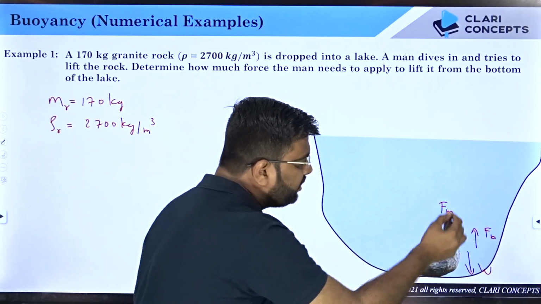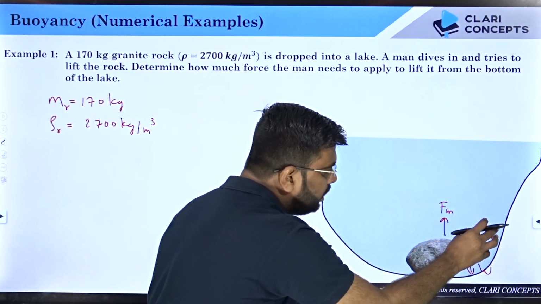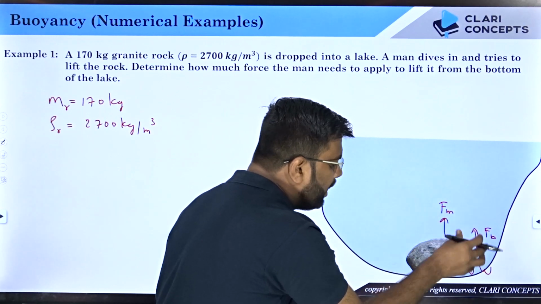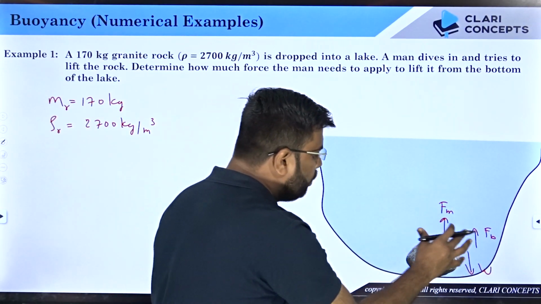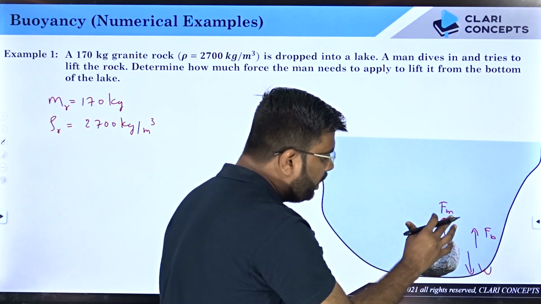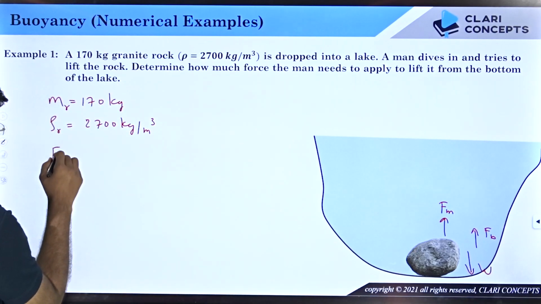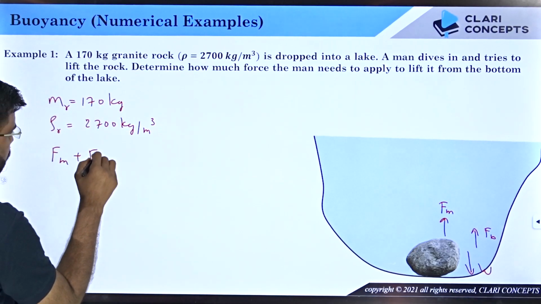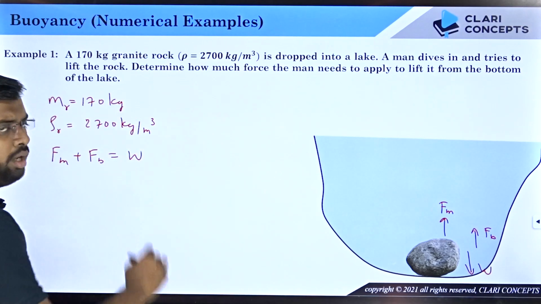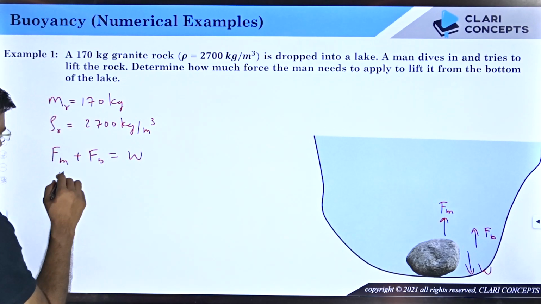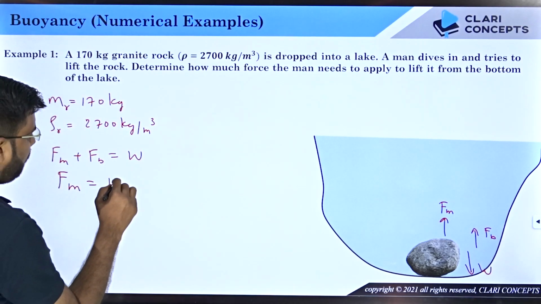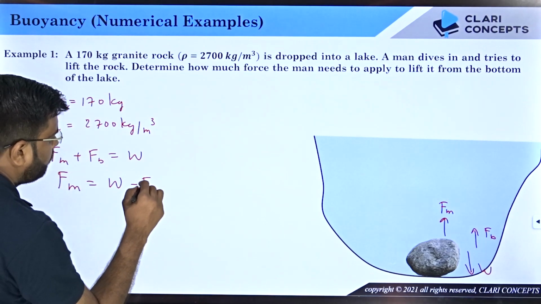The force should be such that, with the buoyancy force assisting, it balances the weight. From the equilibrium equation, force of man plus force of buoyancy equals the weight of the rock. That means Fm equals weight of the rock minus buoyancy force.